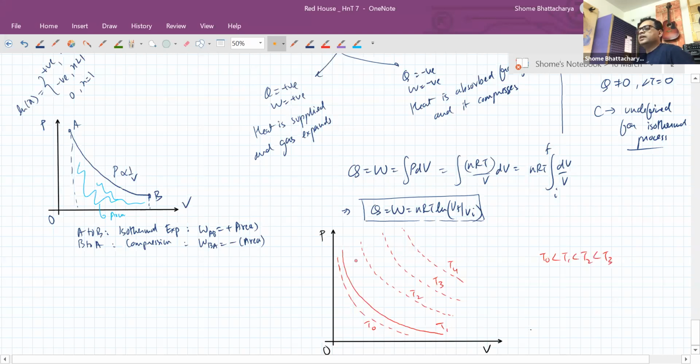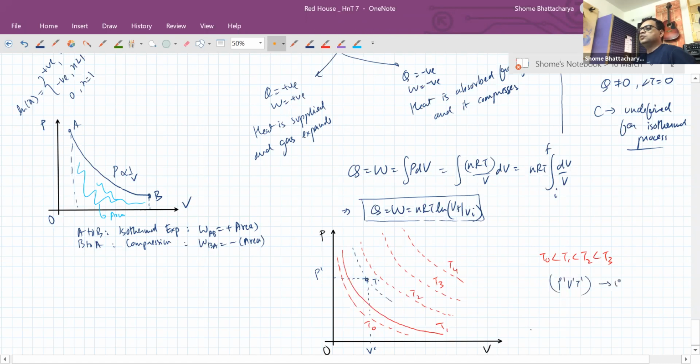So you can think of the entire PV space as a grid of isotherms. Any particular point lies on a particular isobar, so it has a particular pressure. It lies on a particular isochore, so it has a particular volume, but it also lies on a particular isotherm, so it has a particular temperature. And no two points will have all three coordinates the same: pressure, volume, and temperature.